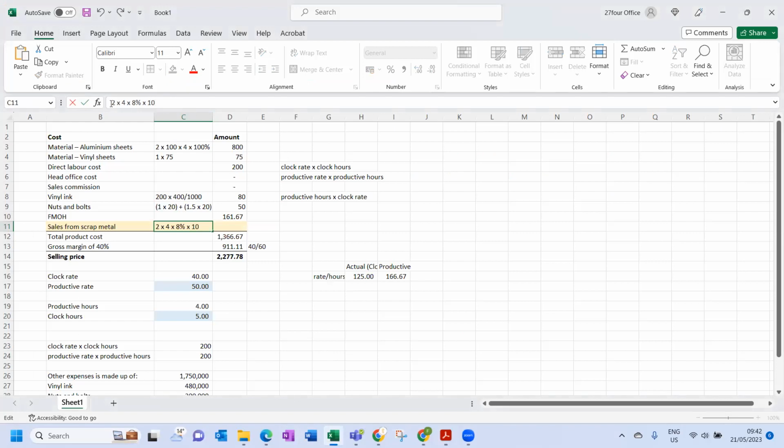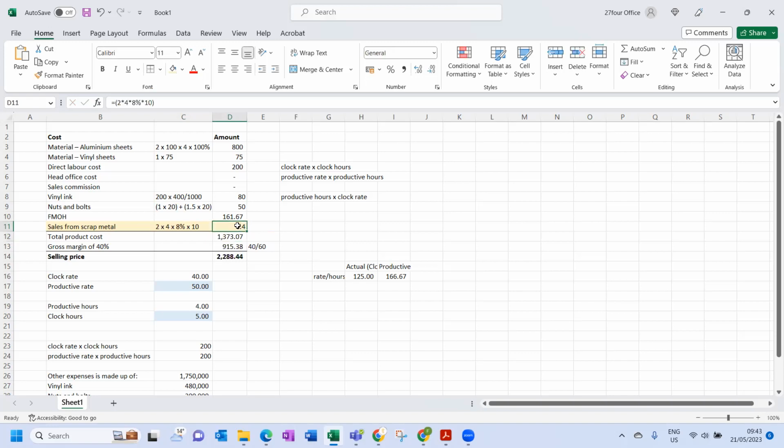So remember, 2 sheets go in. Each sheet is 4 kilograms, but what is lost is 8%. That 8% is sold as scrap for 10 Rand per kg, so therefore we multiply it by 10 Rand. So it's going to be equal to 2 sheets that we put in, each sheet 4 kilograms, but of those we only lose 8%, and that 8% we sell for 10 Rand.